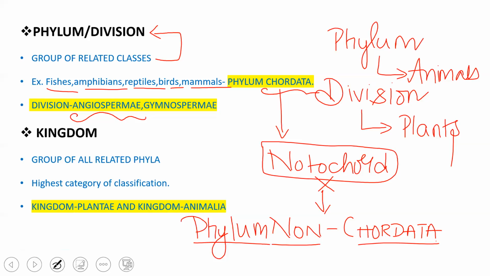Then comes the division tracheophyta, which includes pteridophytes and bryophytes. There is gymnospermae and angiospermae.